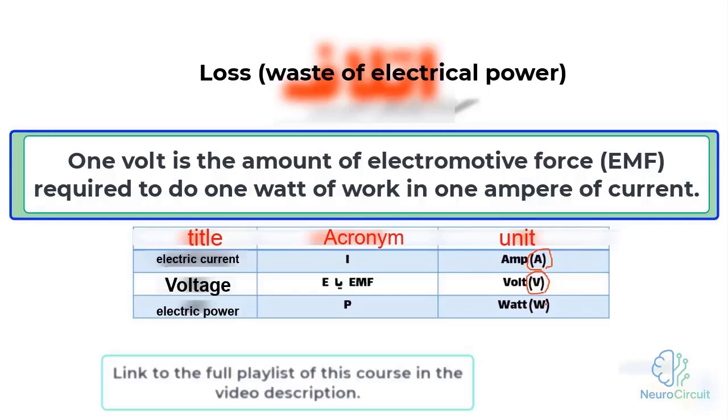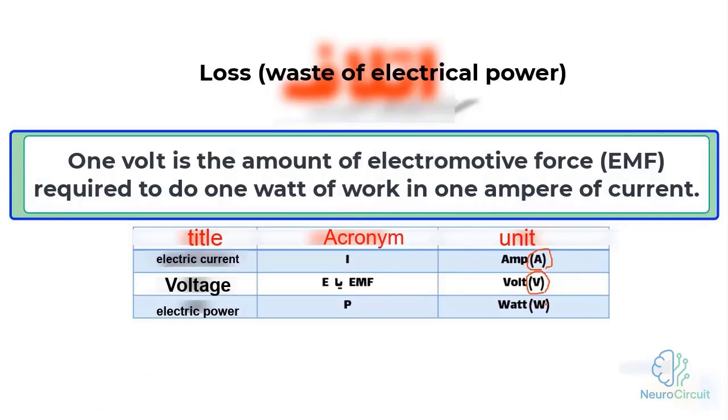I refer you to the video about voltage, where we discussed electromotive force, which we represented with EMF. So 1 volt is the amount of electromotive force required to do 1 watt of work at 1 ampere of current.